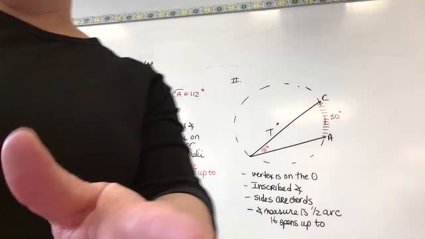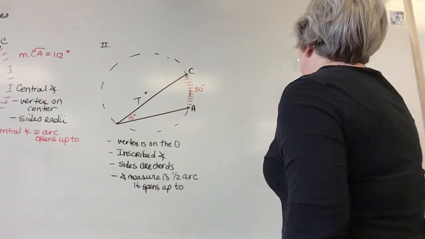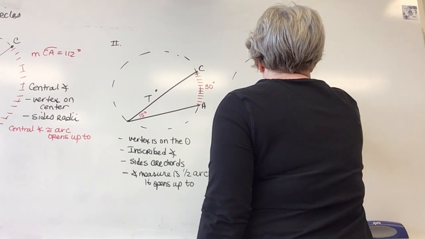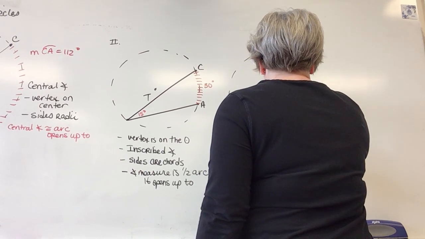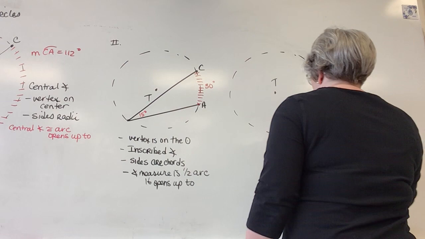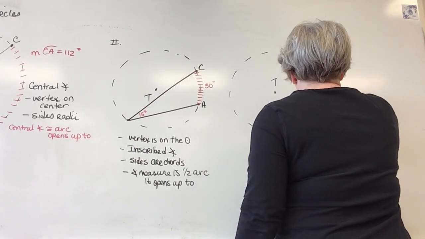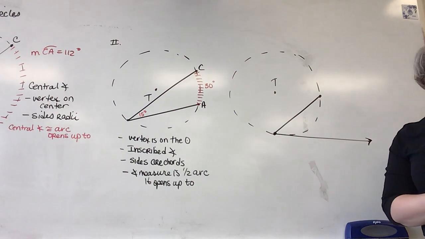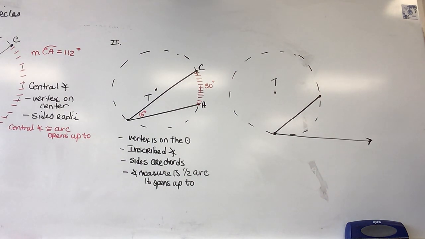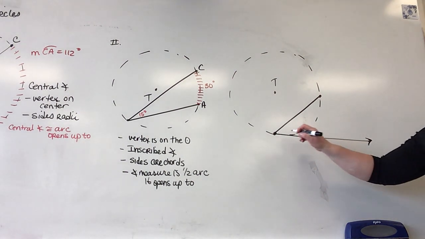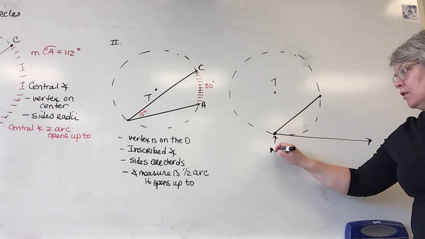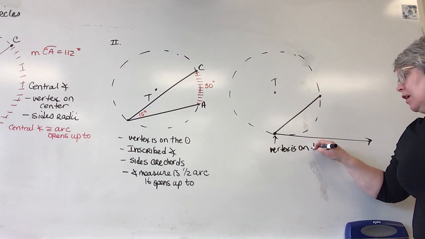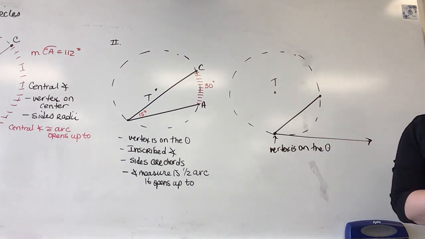But there's one picture that we need to draw, so go ahead and do another circle. Here is also an inscribed angle because the vertex is on the circle.